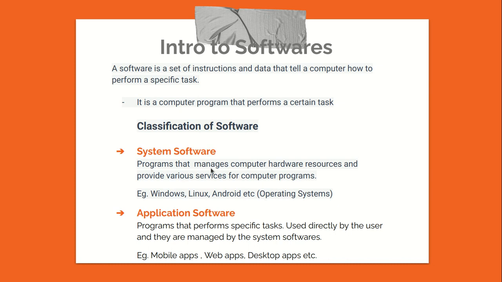So these application software are used directly by the user and they are managed by the system software, as we have said. Examples of these application software include the mobile applications. These are the most common ones. We also have the web application. These include websites, any functionality that you access through the browser is a web application. And also we have the desktop applications.